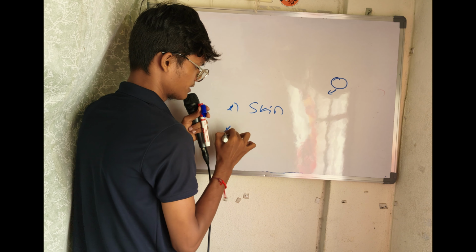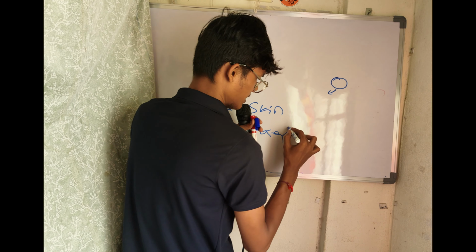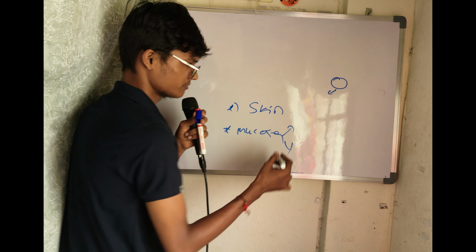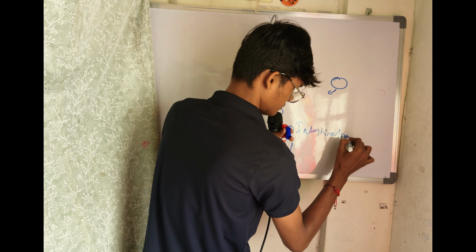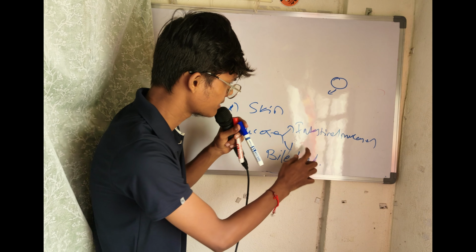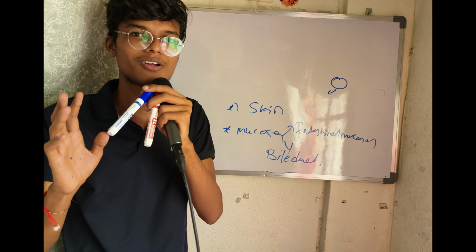Skin we can take, mucosa. Tell me two examples of mucosa. Intestinal mucosa we can take, and we can take bile duct. See, why am I only telling bile duct, intestinal mucosa, and skin? Won't it happen in other organs?